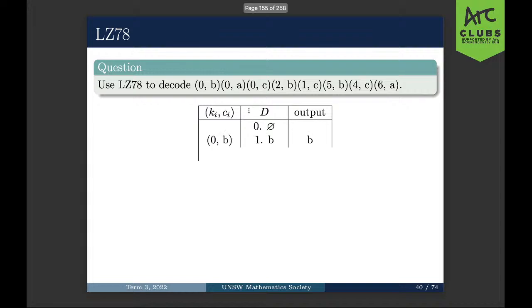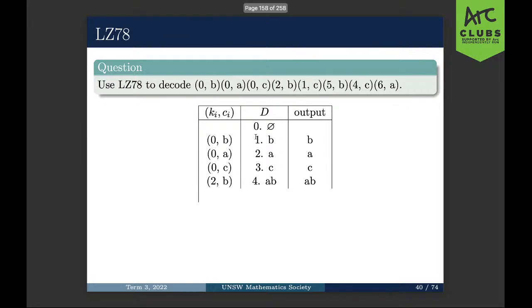When we see the 0B, this pair is telling us that we extended the 0th entry by B. So we put that B in here as a new entry and output that B. The second pair tells us that we extended the 0th entry by A, so we put that extension here, that's just A, and output A as well. And same thing for C, pretty boring for now.